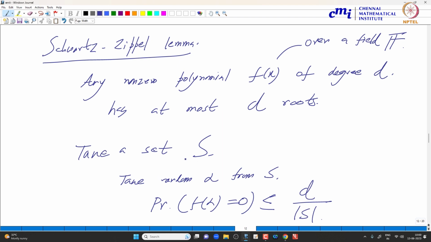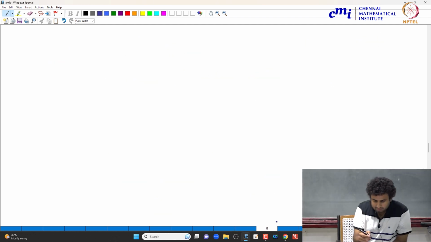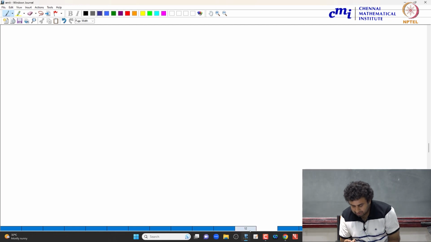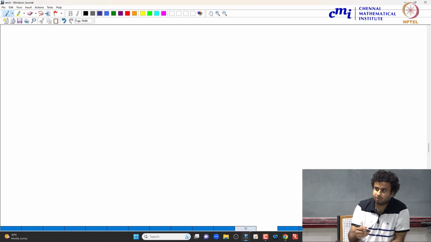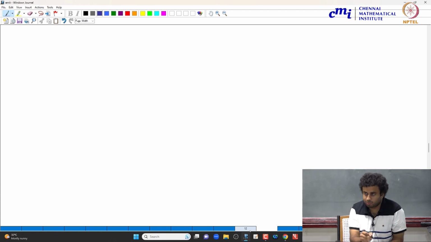And amazingly, the same bound holds for the multivariate case also. That is the statement of the Schwarz-Zippel lemma. Isn't this also the fundamental theorem of algebra? Yeah, the fundamental theorem of algebra would say that if you are working over an algebraically closed field like the complex numbers, then there are d roots. But this is actually even easier to prove.